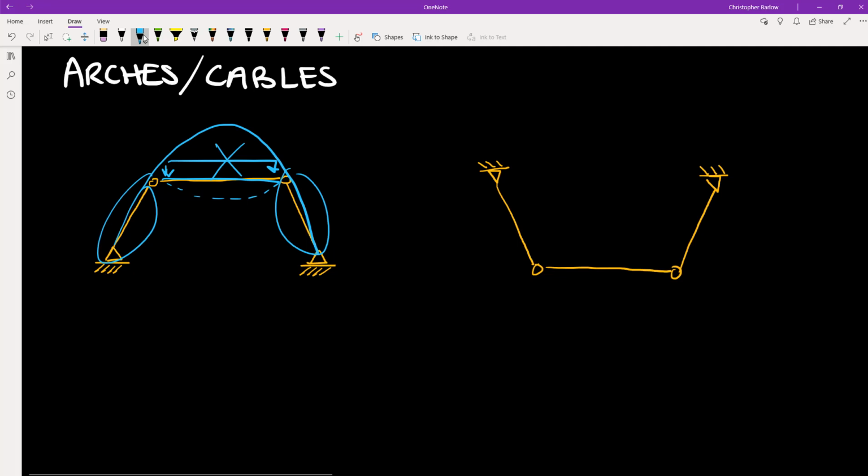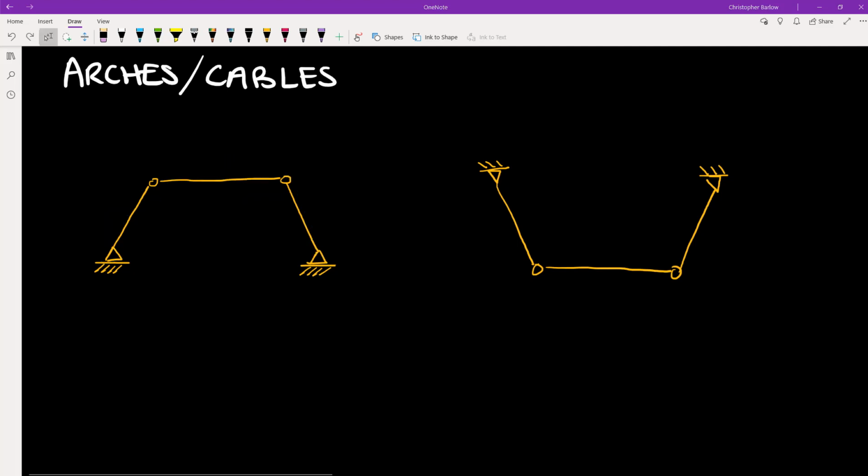So let's look at the internal forces in these two pieces, these end pieces, when we apply an external load. So if we apply a load at the center of this arch, that load would be divided equally between the two end pieces, and it would generate equal internal forces in the end pieces, equal to half of the applied load.